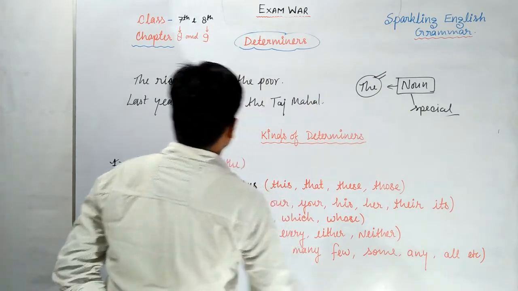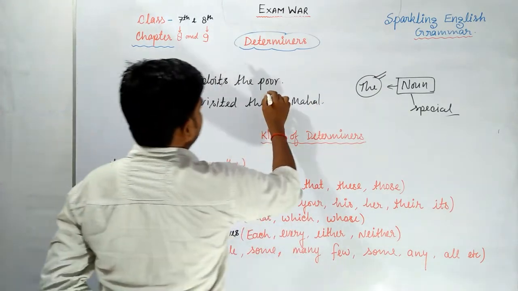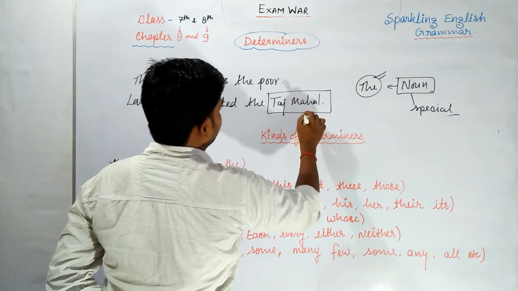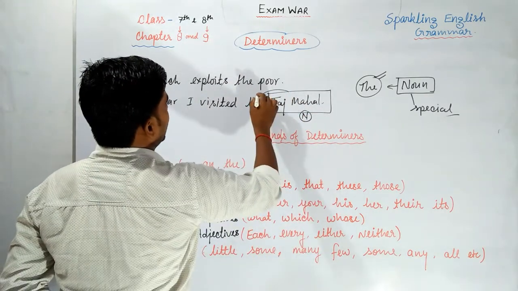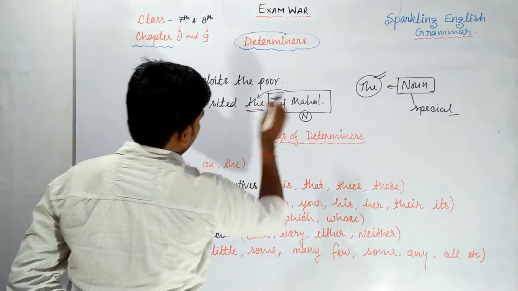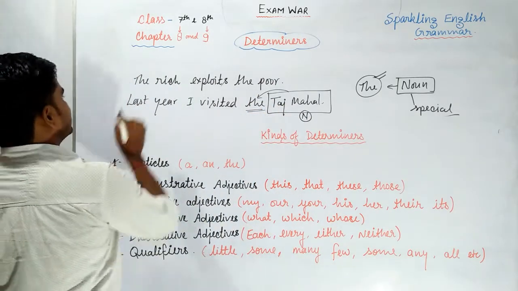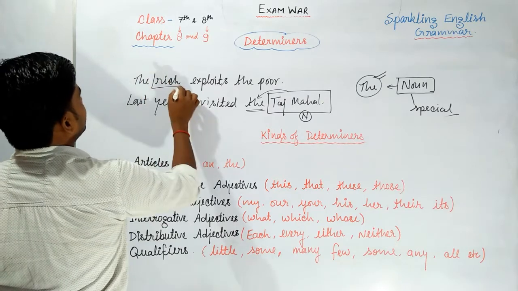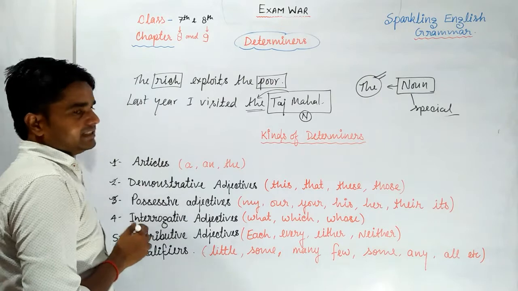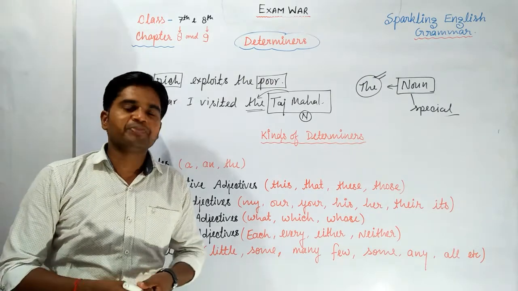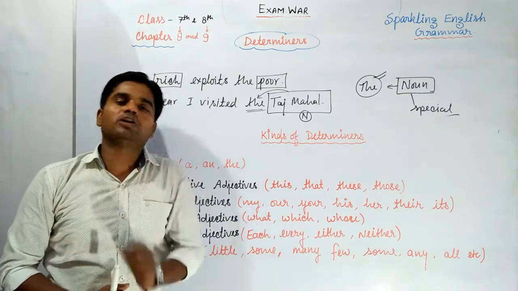So my dear students, in this sentence, the Taj Mahal is a noun, but this is special. That's why we use the article the before this special noun. And in this sentence, rich and poor, both of these adjectives are working as a noun, and they are referring to the whole class.